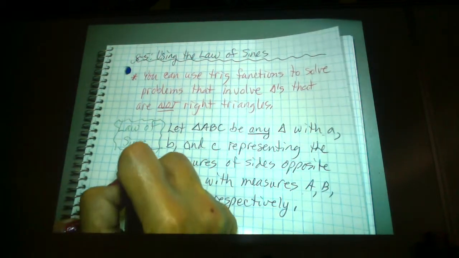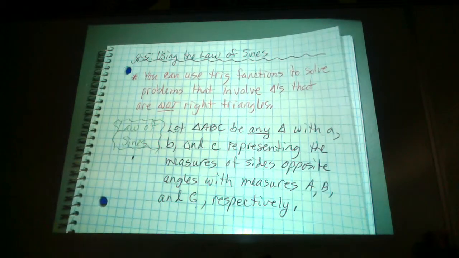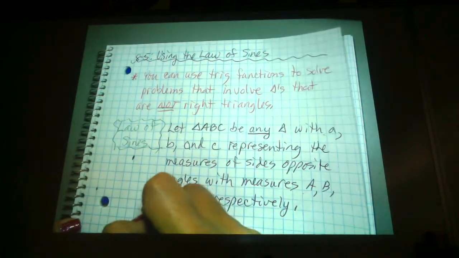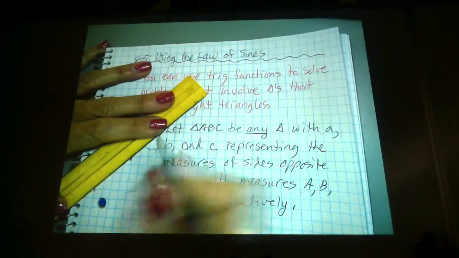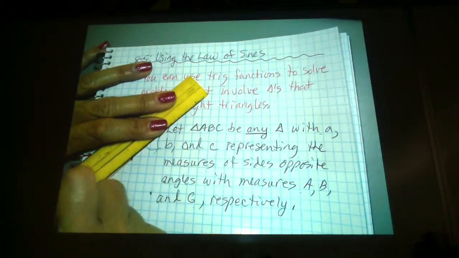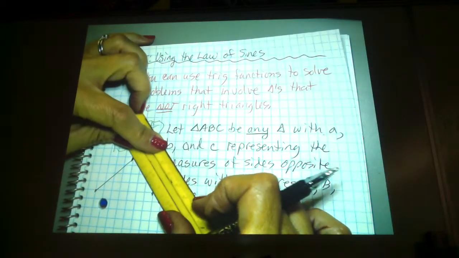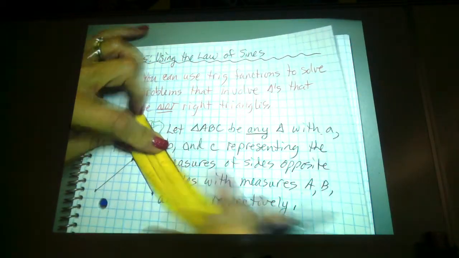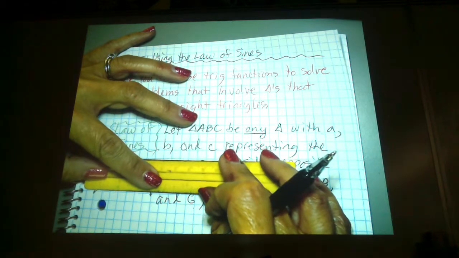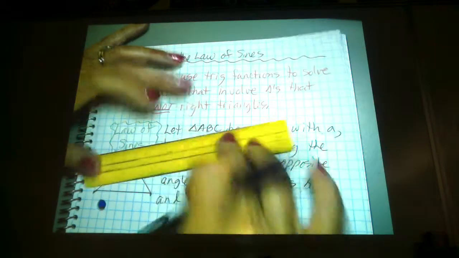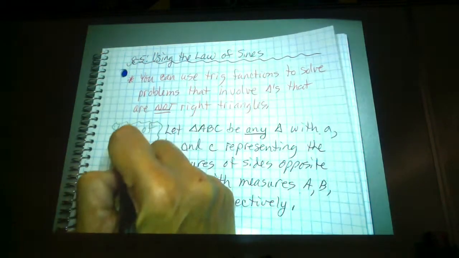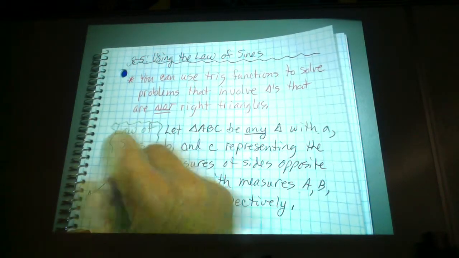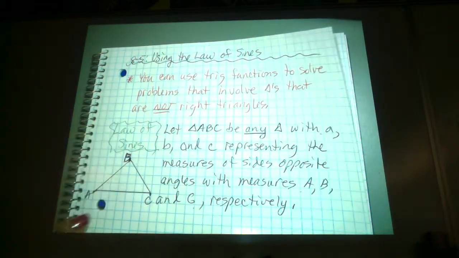And so our triangle might look like this. I'm going to draw a non-right triangle. So it could be acute, it could be obtuse, just not right. Because if it's right, we would just use normal sine, cosine, tangent. So let's make this A, B, and C. So those are all capital letters.